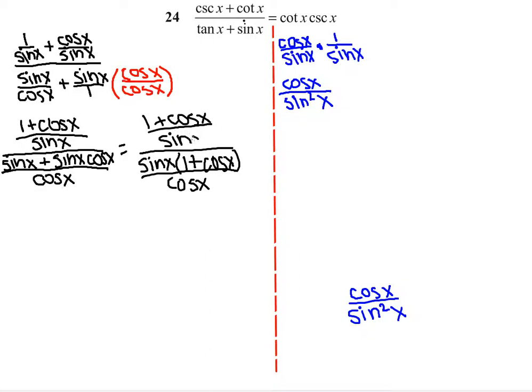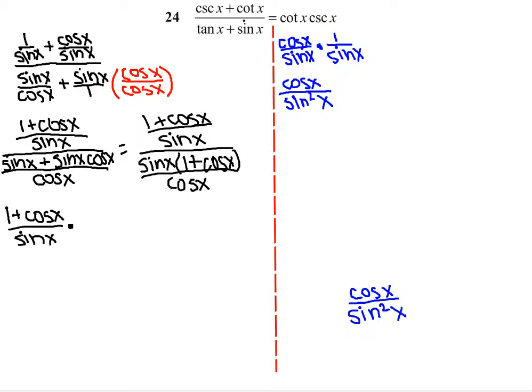So it might be hard to visualize that these two are actually going to cancel each other out. So what I'm going to do is just flip this up into multiplication so that we can see that they are in fact going to cancel out. I'm just keeping the numerator the way it is, so 1 plus cos x over sine x. Now I'm multiplying it by the inverse of the denominator.